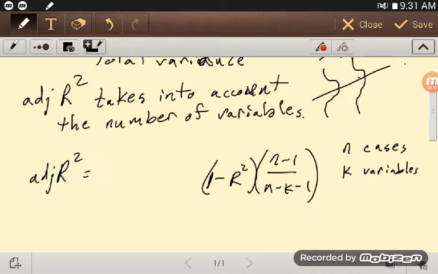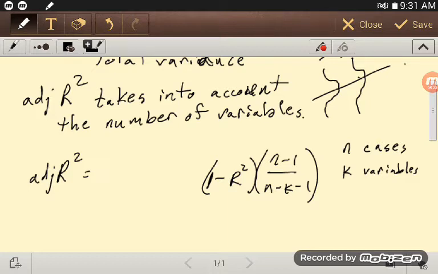And so you see what happens is as k gets bigger, n minus 1 minus k gets smaller.